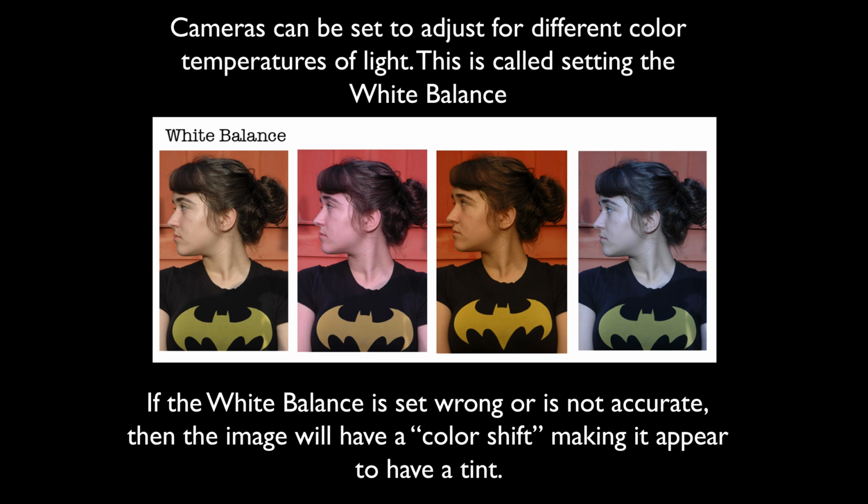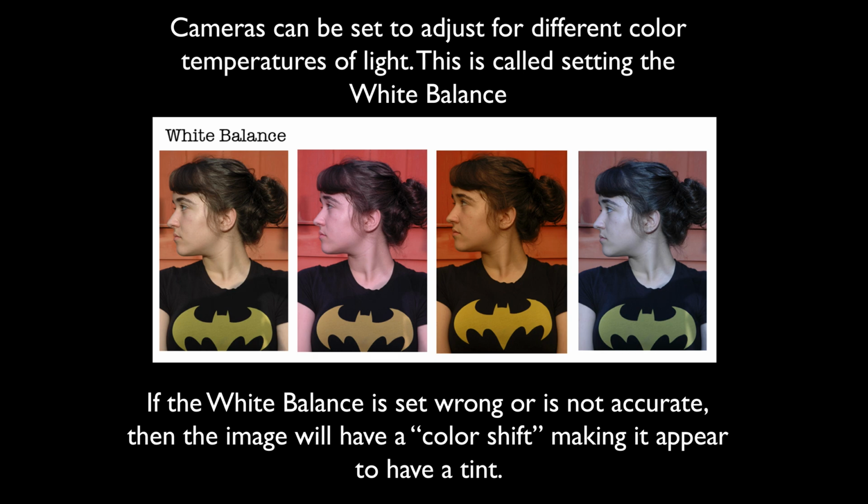Now, in this picture, you can see the first one is set for the correct light. This is my daughter, and it was a sunny day. So there's a sunlight setting, and also a partly cloudy setting, a shade setting, and so on. There's a fluorescent light setting, and so on down the line.